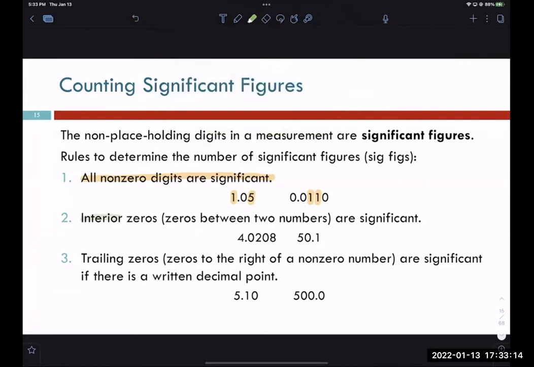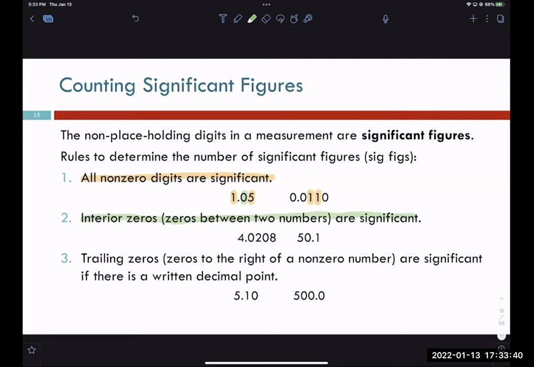So interior zeros are also significant. So that's a 0 that's between two non-zero numbers. So we look back at these first two examples. We have this 0 in 1.05 that falls between two non-zero numbers. So that's also a significant digit.